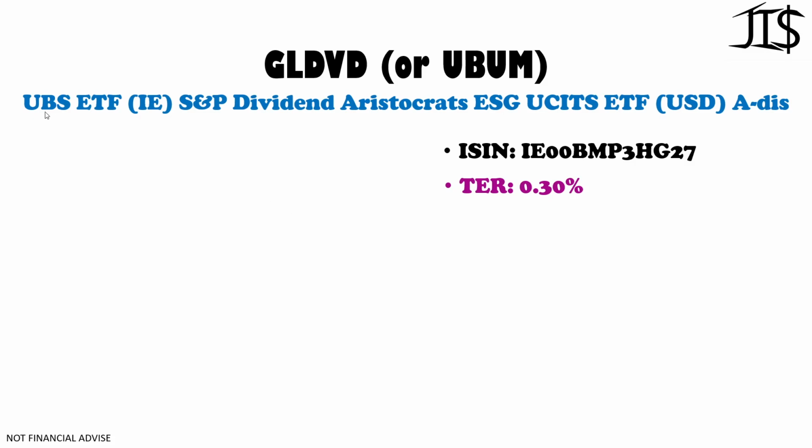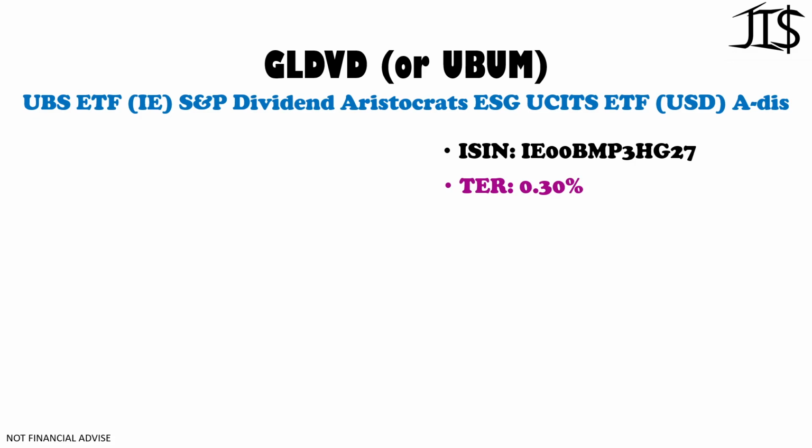And this one is from UBS. It's the S&P Dividend Aristocrats ESG UCITS ETF, US dollar, distributed. So the total expense ratio is 0.30%. And for UBS, that's really nice that it's that low.